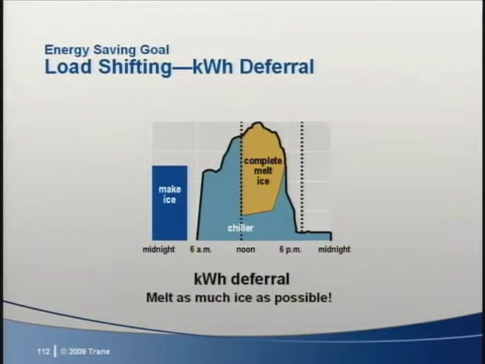Alternatively, if the goal is to load shift the maximum kWh consumption from on-peak to off-peak, then the system should melt as much ice as possible during the on-peak time period every day. In this case, we would limit the chiller to a lower load to push the load to the ice.